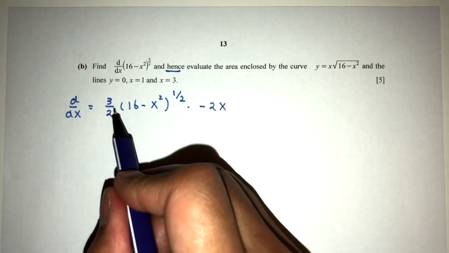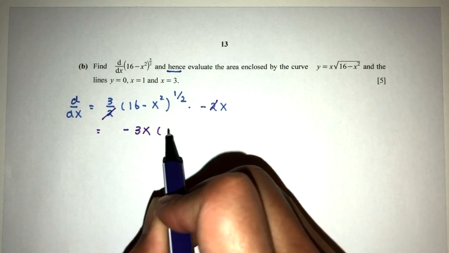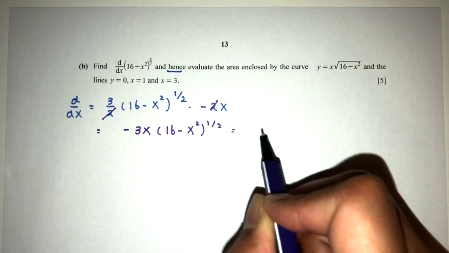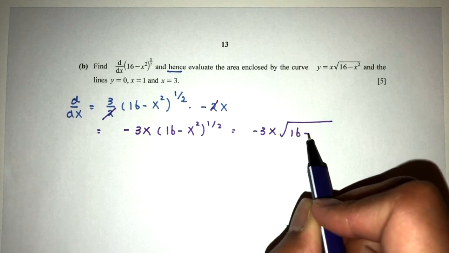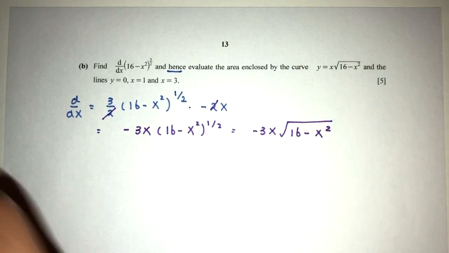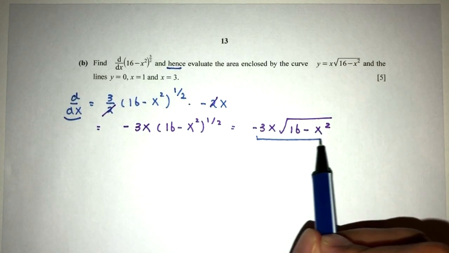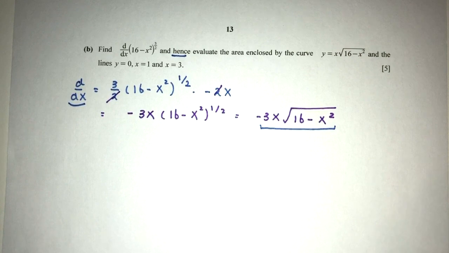Now simplify, that will be minus 3x times 16 minus x squared to the power half, which is the same as minus 3x root of 16 minus x squared. Okay, so that's the first step. Now, here we have to use the understanding that integration is the reverse of differentiation. So what do I mean?